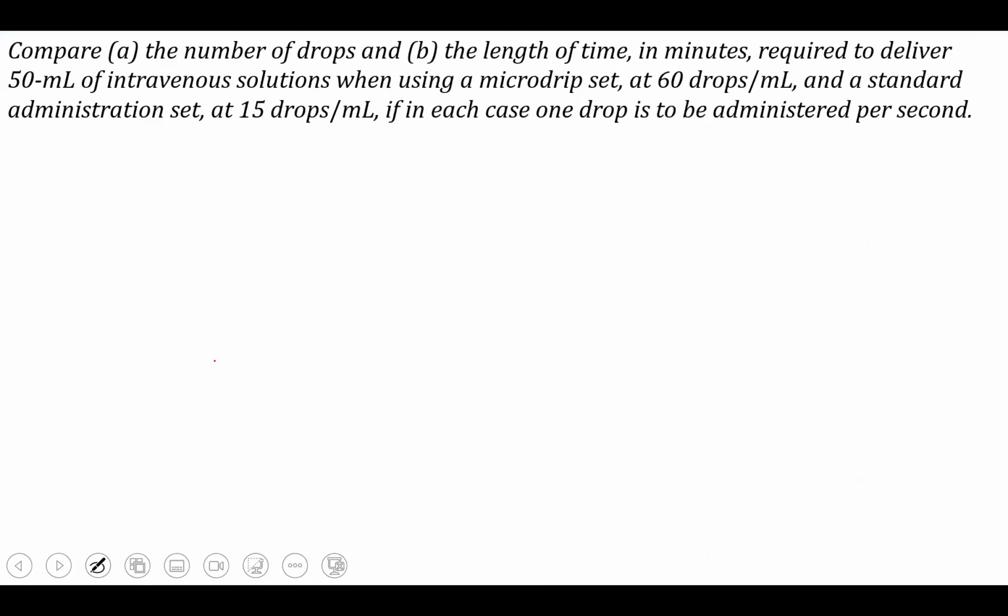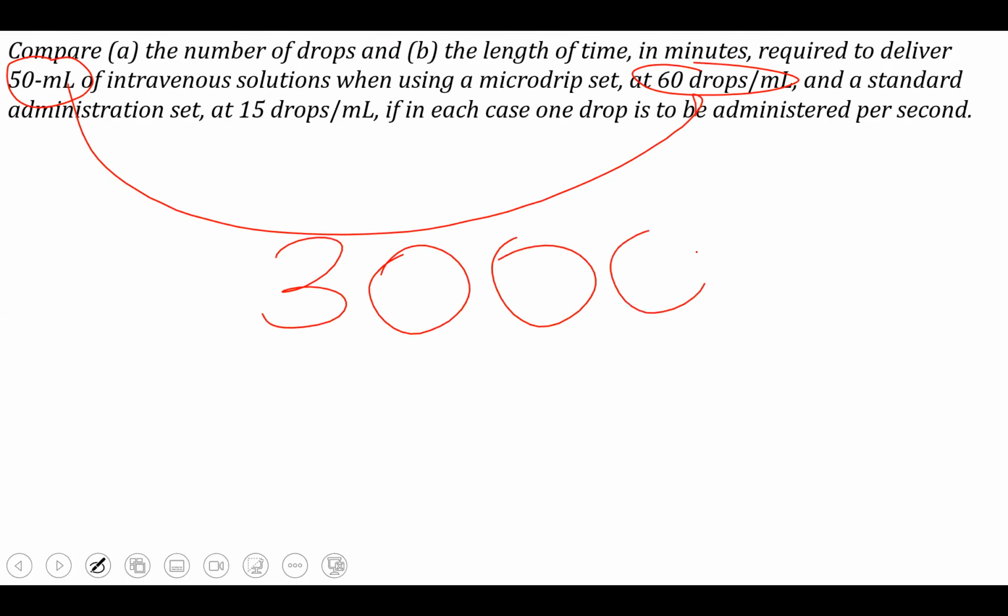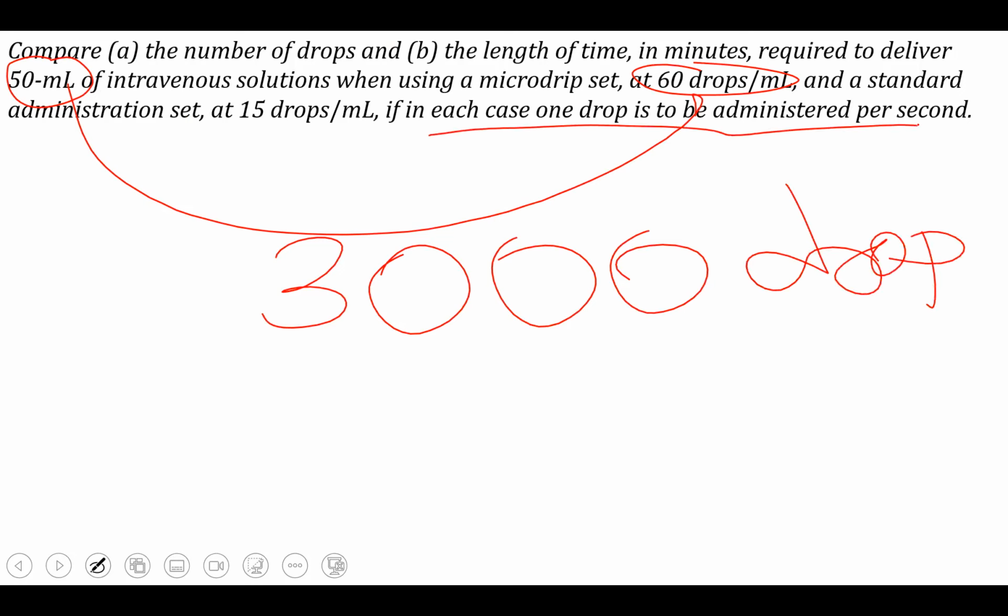So I think this is straightforward. You can expect this kind of question here. 50 ml. So we are talking about a total of 3000 drops, correct? And then each drop per second, so 60 drops. So what would be the time, how long will it take, correct?